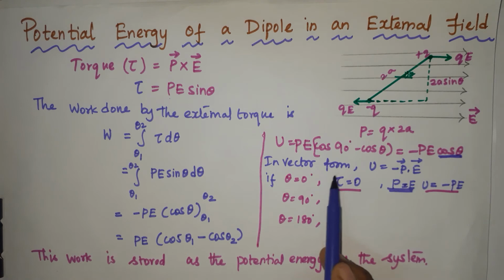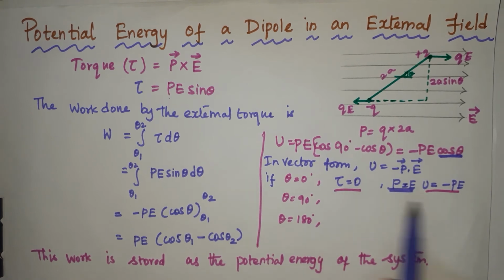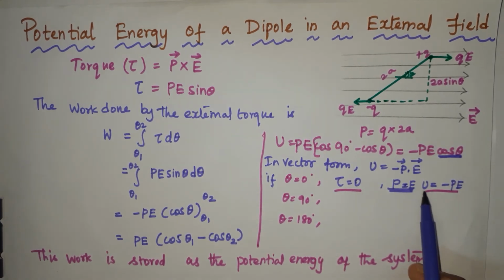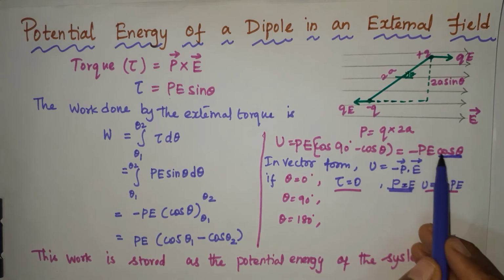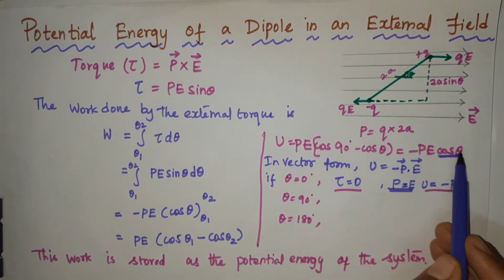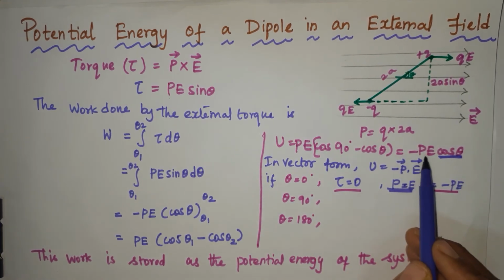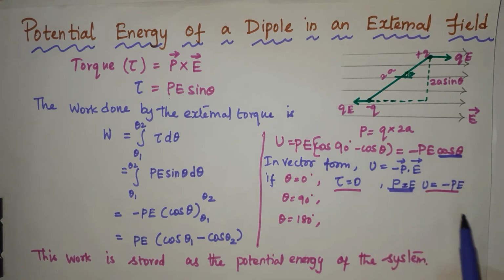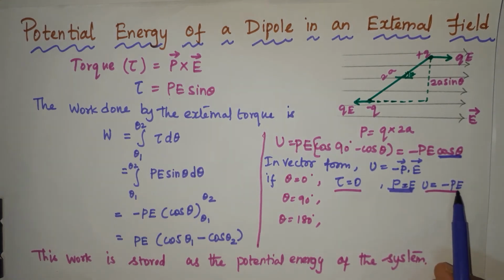But the potential energy formula is minus PE cos theta, and with theta 0, cos 0 is 1, so U is equal to minus PE.